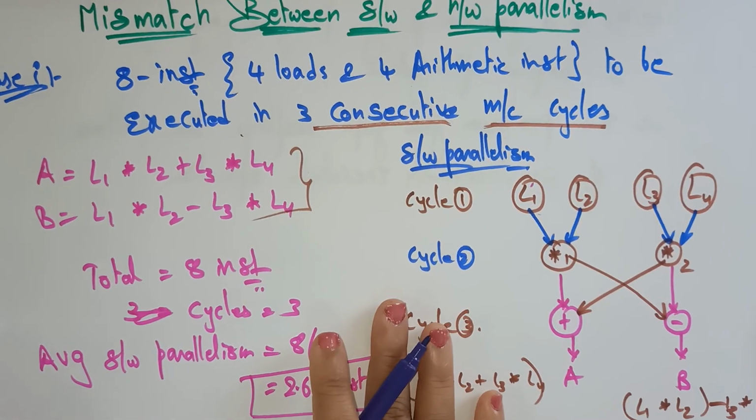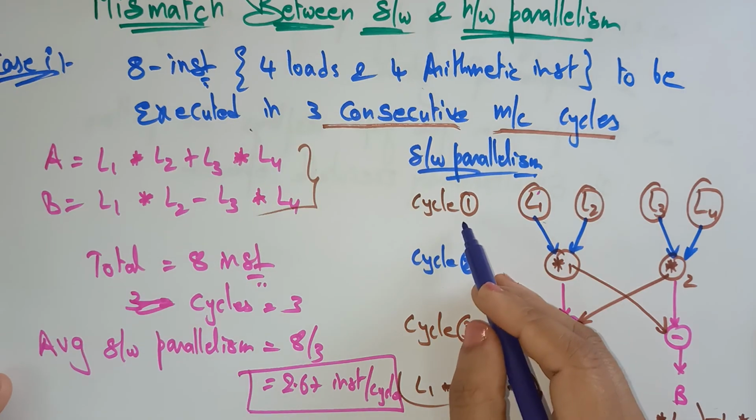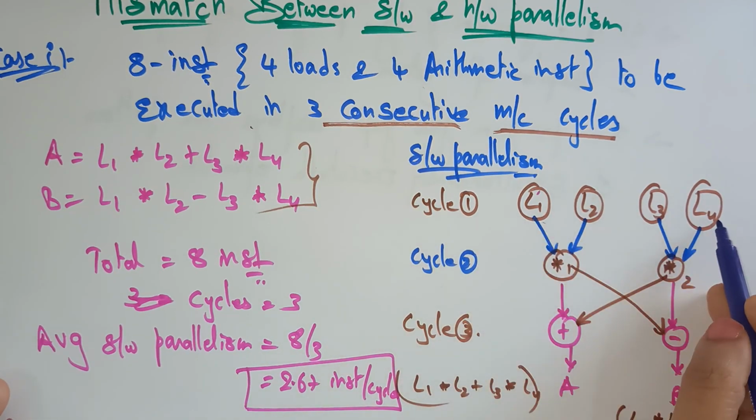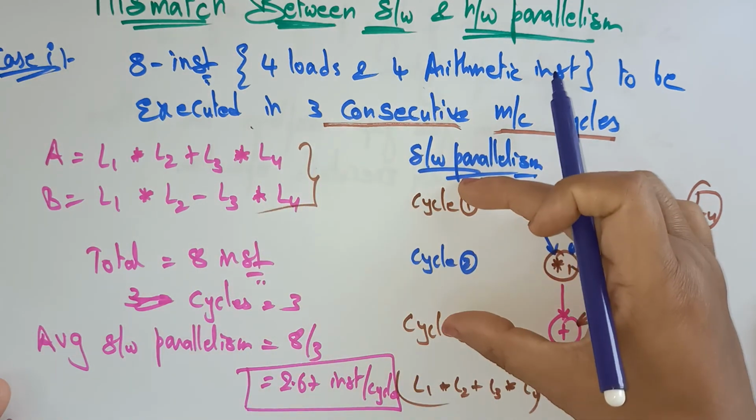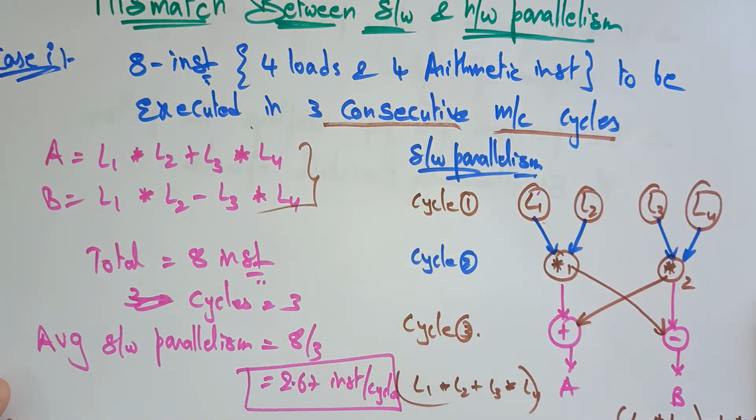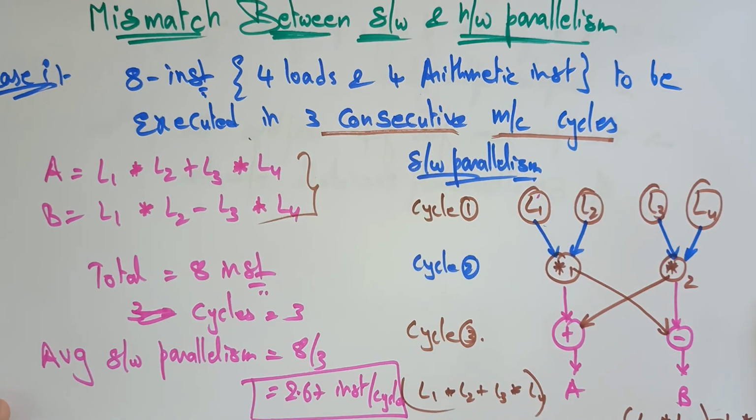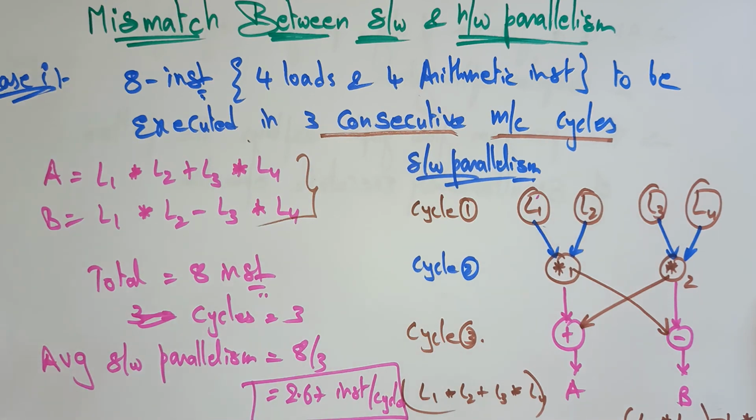What did I do in the first case? In cycle 1, it performs 4 operations at a time. It asks only for 3 consecutive machine cycles, and within those the operations have to be performed. In that way, the hardware is designed.